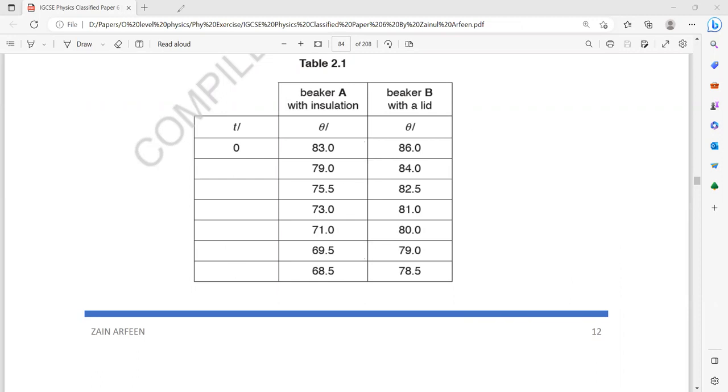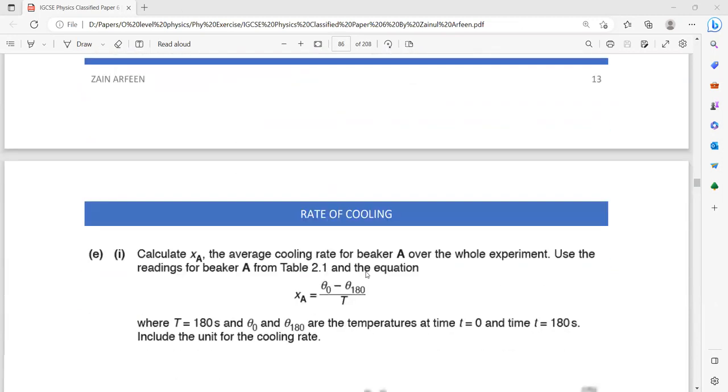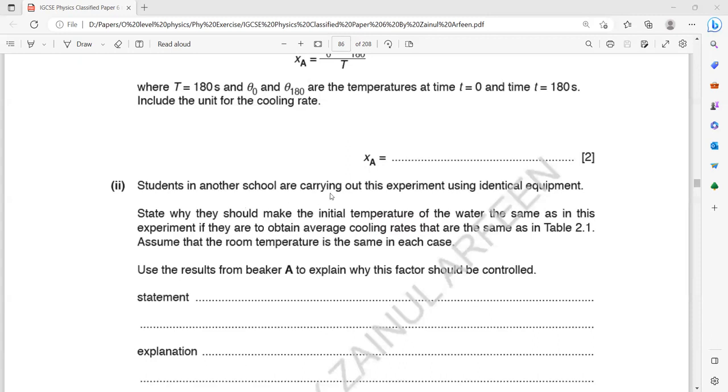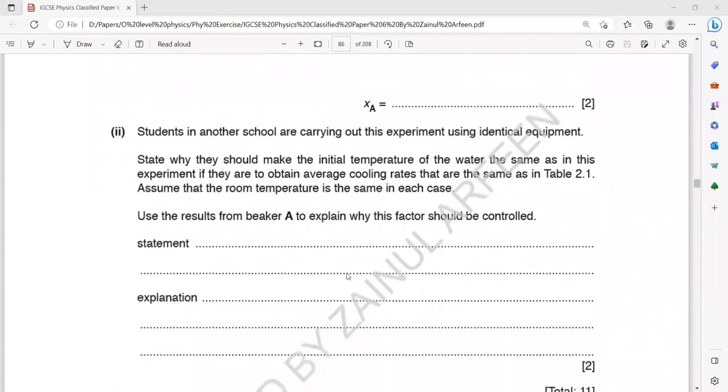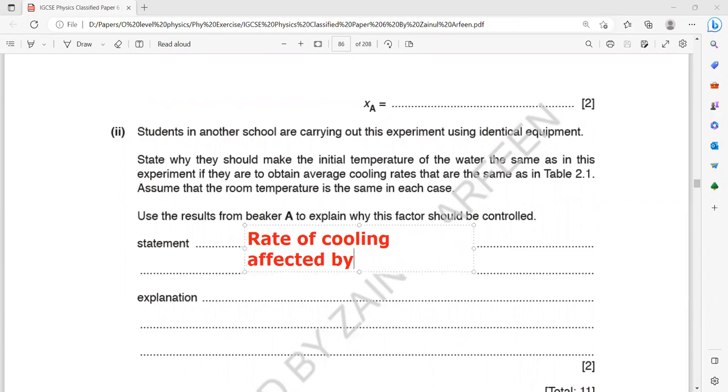So what we'll mention here: a student in another school carries out the experiment, use the result from beaker A, explain why this factor should be controlled. So the statement you will mention: rate of cooling is affected by the temperature of the liquid. And how you write the result, like how you conclude this, that it is affected by temperature.